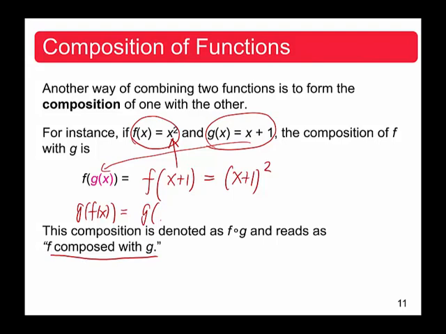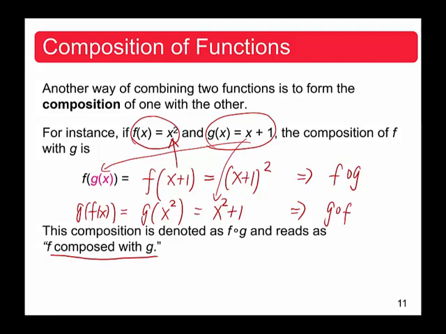Now replace f of x with x squared first. Now go back to g of x. Whenever you see x, it becomes x squared. So we get x squared, x becomes x squared, adding 1. Okay. And this is f composed with g. The second one is g composed with f. Okay.